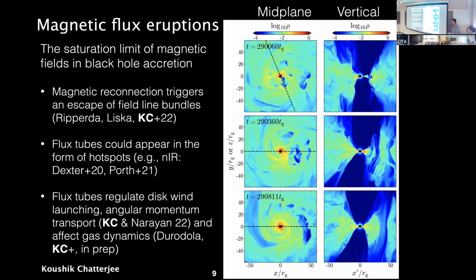Do you have a quantitative way of finding these flux eruptions in the simulation, or just seeing the quality of the lines? Maybe that's not it, but I was wondering if you have some diagnostics. So there's, I think, no easy way to find a specific flux eruption event.